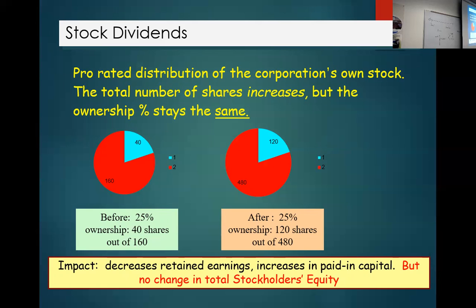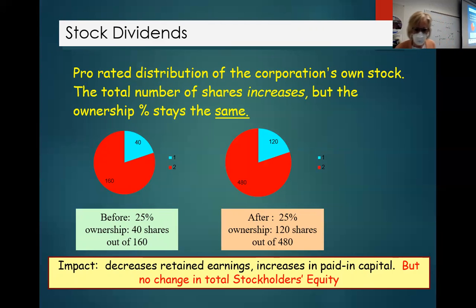If you own 40 shares in a company, and this is very low numbers, and the company has 160 shares outstanding, you have a 25% ownership position in that company, 40 out of 160. If a company issues a stock dividend, your ownership has to stay the same.